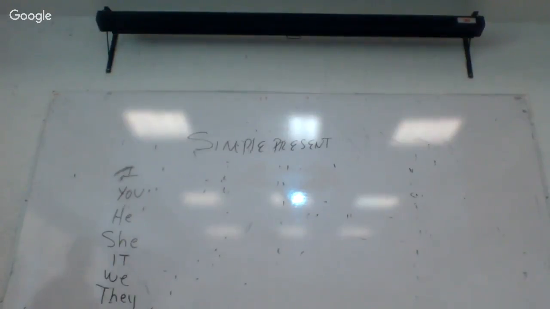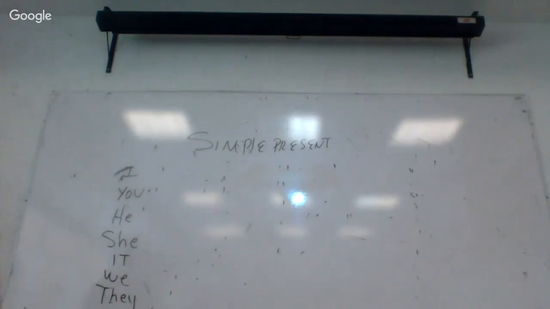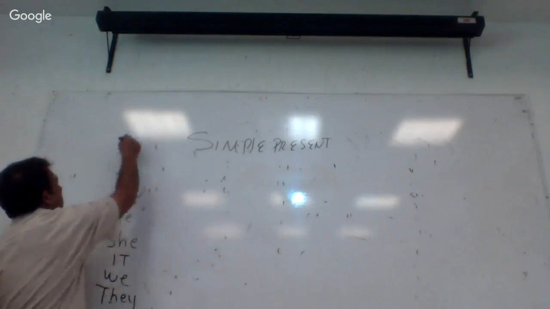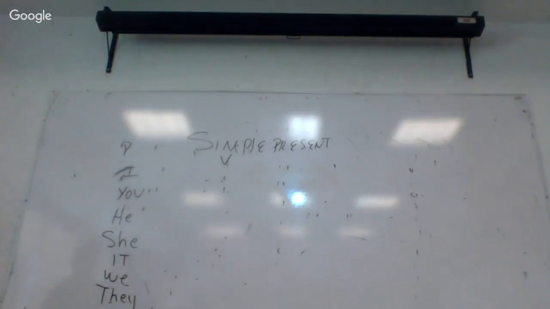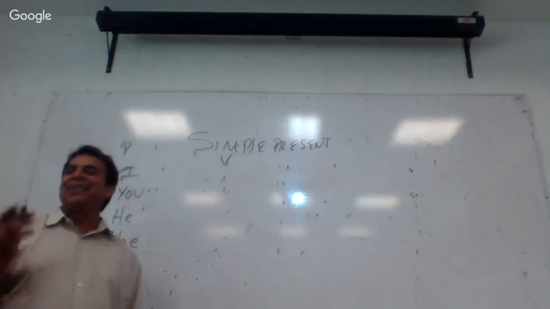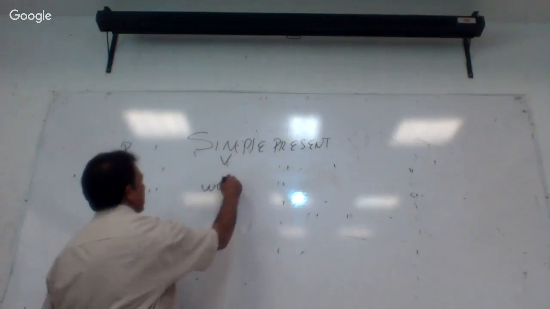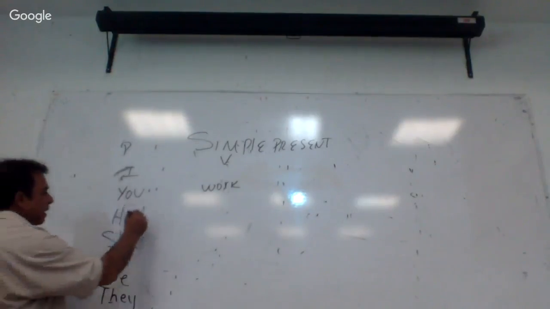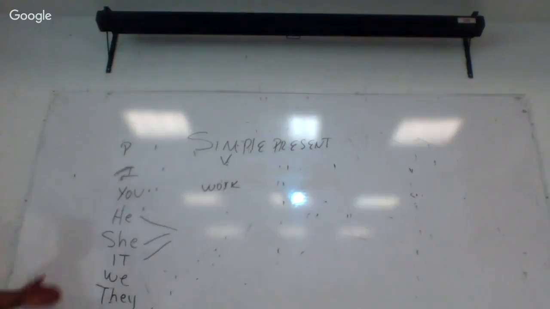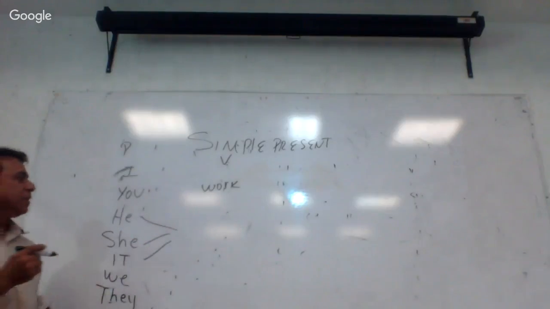Listen to me, please. Next. After the pronouns, the next in the grammar is to use the verb. It's pronouns, verb. For example, the word work. But listen to me. When we use the third person, in this case he, she, it, the verb will be with an s.